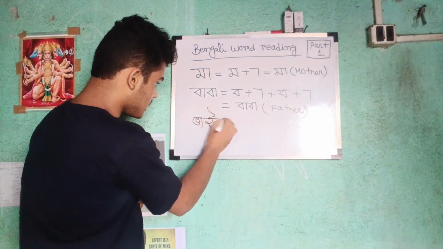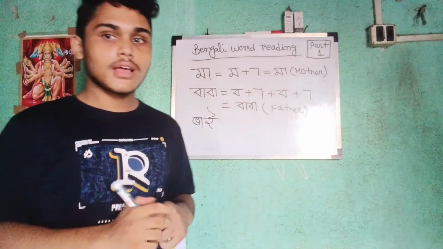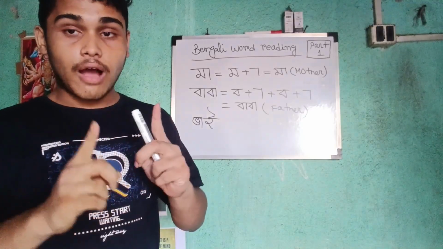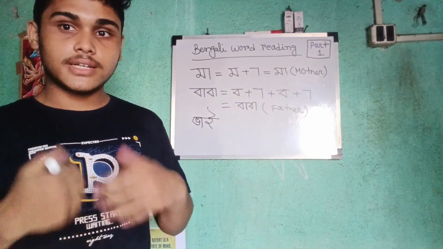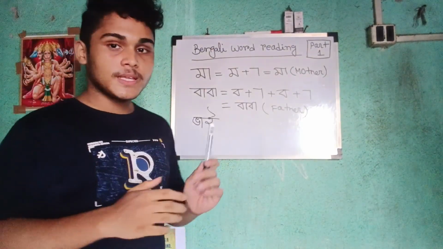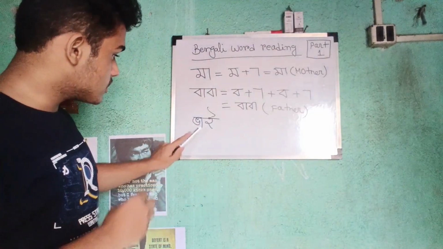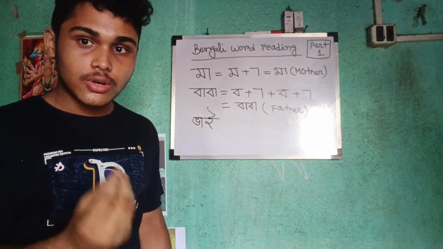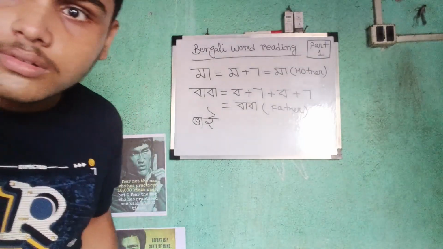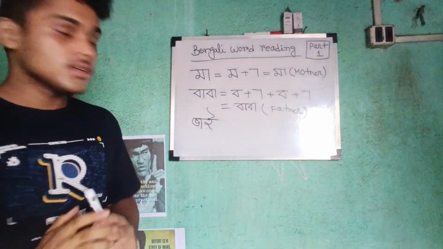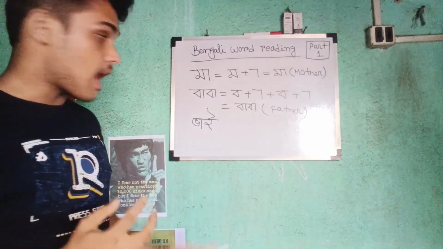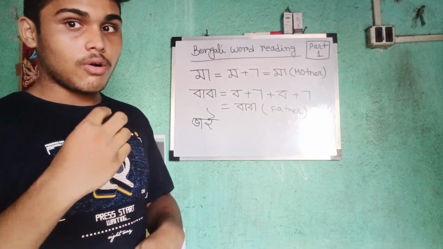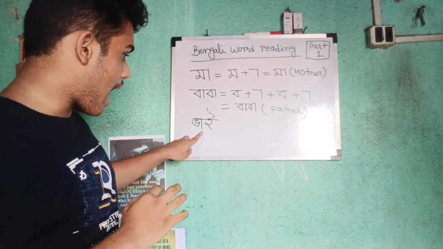Here you have to notice one thing that I haven't told you: we can't use vowel signs step by step. What does it mean? If we use a vowel sign after a consonant, we can't use any vowel sign after that vowel sign.